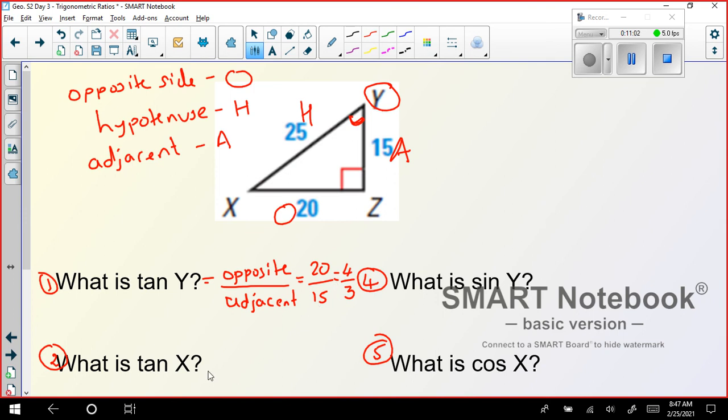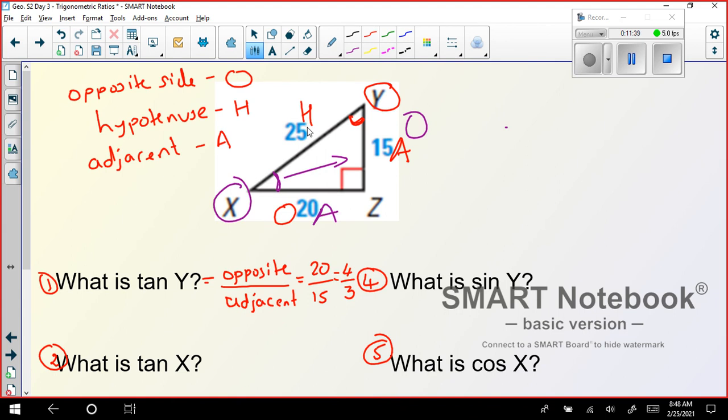Same way, tan x. X is over here. Let me use a different color this time. Let me use purple for the x's. X is here, and for x, the opposite side is this particular one, YZ. For x, this becomes the opposite, and this becomes the adjacent. The hypotenuse will remain the same.